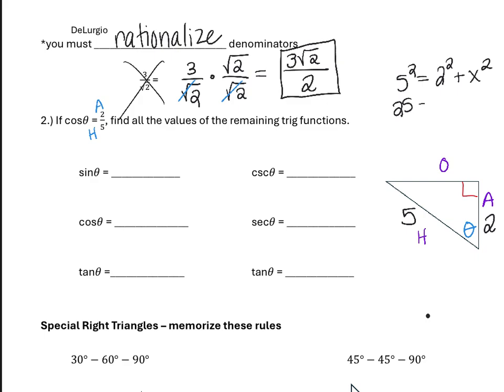Okay, so we get 25 equals 4 plus x squared, and then subtract 4. And then we get 21 equals x squared. So x equals what? Root 21. That does not simplify. If your radical simplifies, you must simplify it.